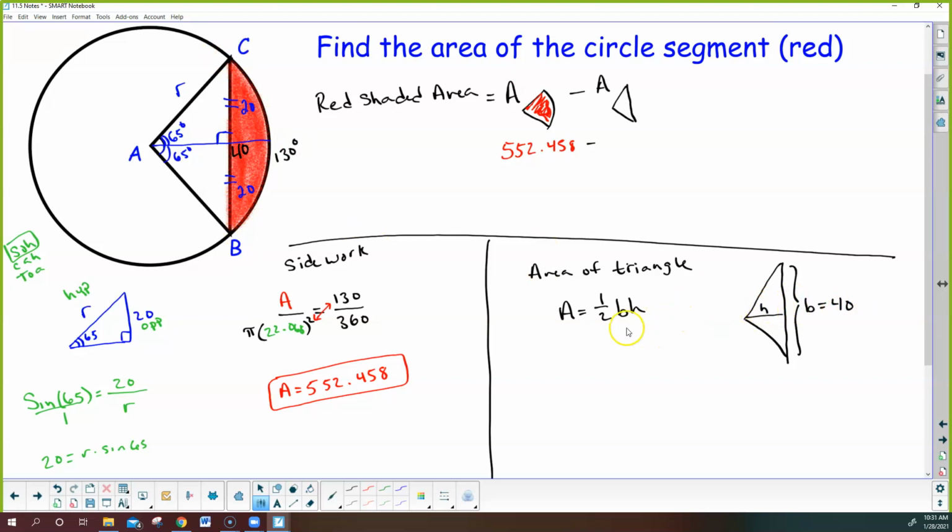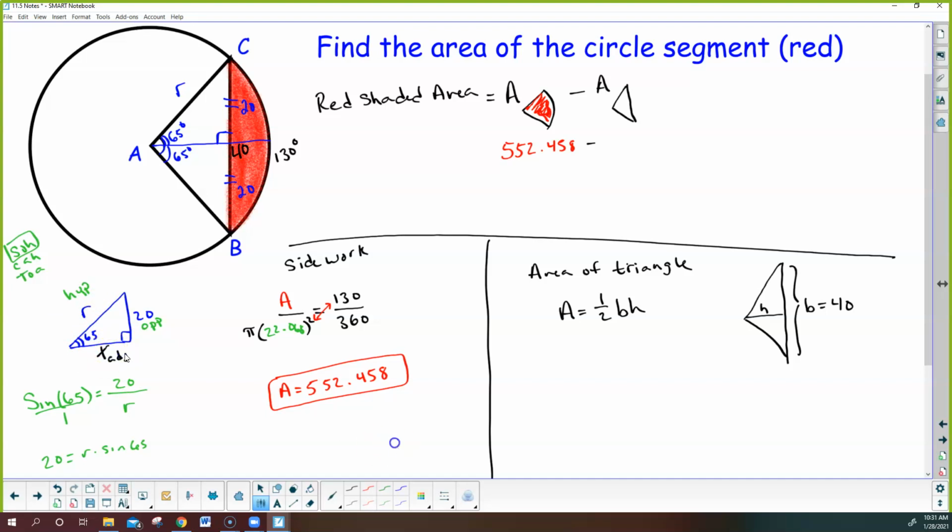Well, wait a minute. Isn't the height just the other value that we needed over here? So I'll call this X. I'm not going to use H because I don't want H to be confused with the hypotenuse. So now I either need to take my answer from the radius and do Pythagorean theorem, or since it's already set up, let's just do SOHCAHTOA here.